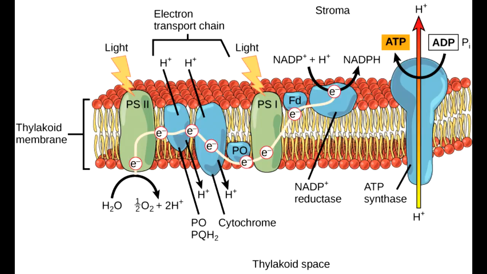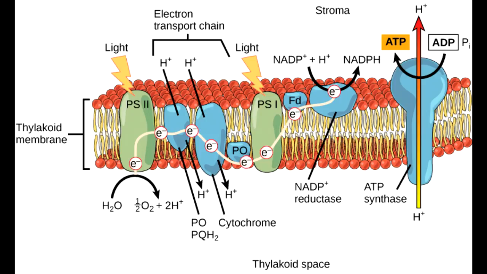But since there are electrons lost in the PS2, it splits the H2O, or the water. Oxidation of the water molecule produces free electrons and oxygen itself. As electrons pass through the transport chain, the energy from the electron is used to pump hydrogen ions, or protons, from the stroma to the thylakoid, creating a concentration gradient.